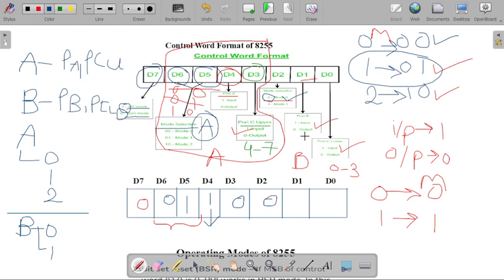Now the D1 bit is considered for the input or output setting of port B. Suppose I have to select input port, then I write 1. And in the last part, the D0 bit, if you have to select input for port C lower architecture, then again we write 1.